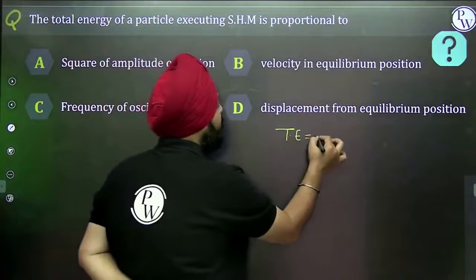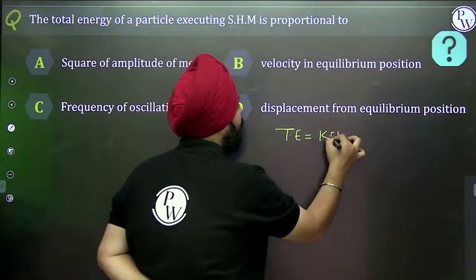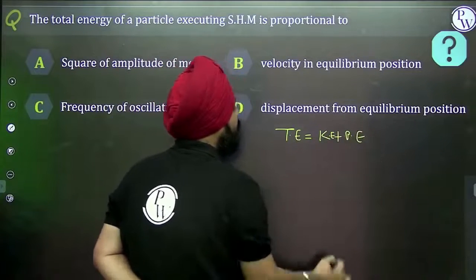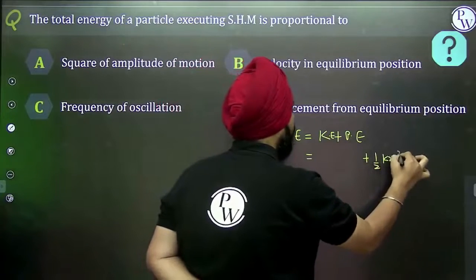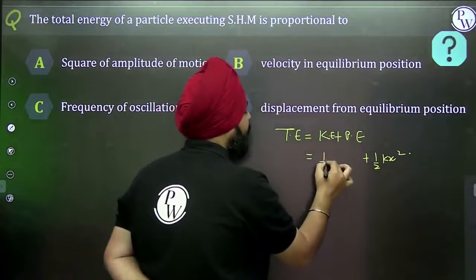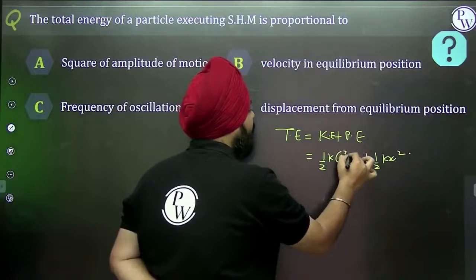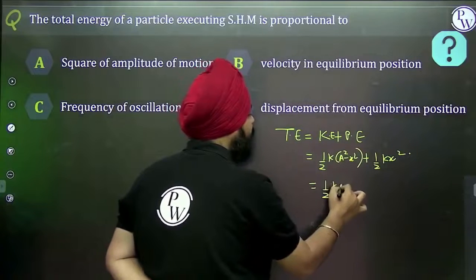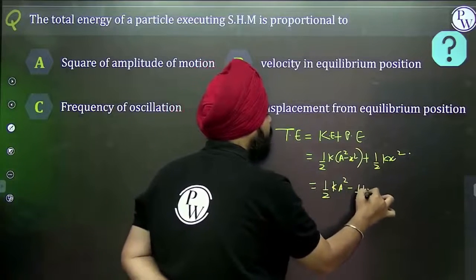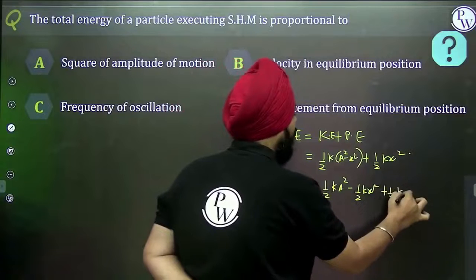Total energy is equal to kinetic energy plus potential energy. Equation of potential energy was half k x square. Equation of kinetic energy was half k into a square minus x square. Replacing this, half k a square minus half k x square plus half k x square.